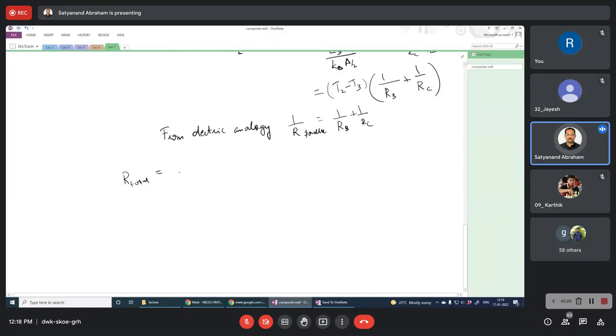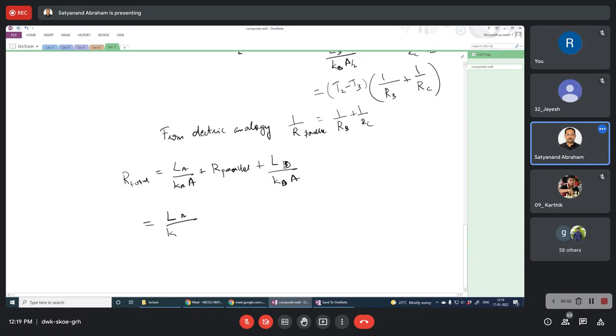Therefore, R total is LA by KA into A, plus R parallel, the parallel resistance, plus LD by KD into A.